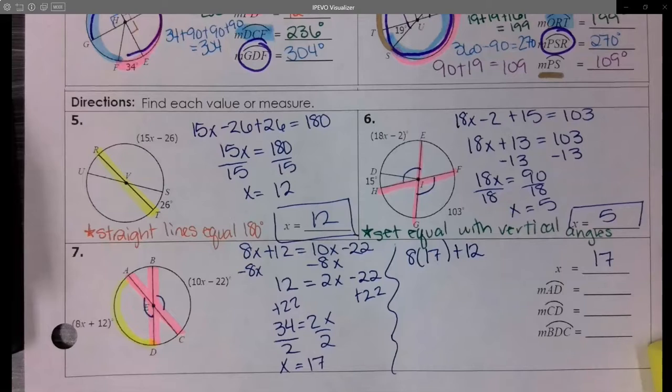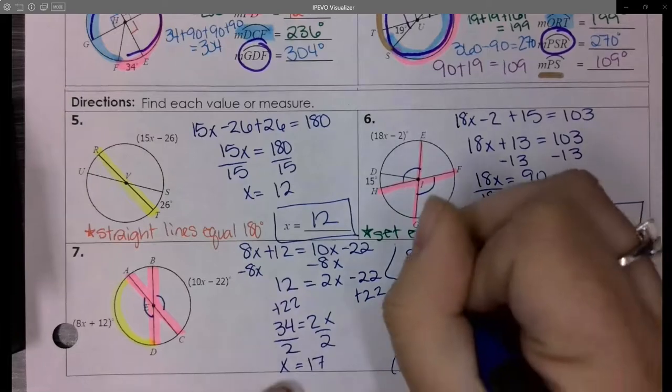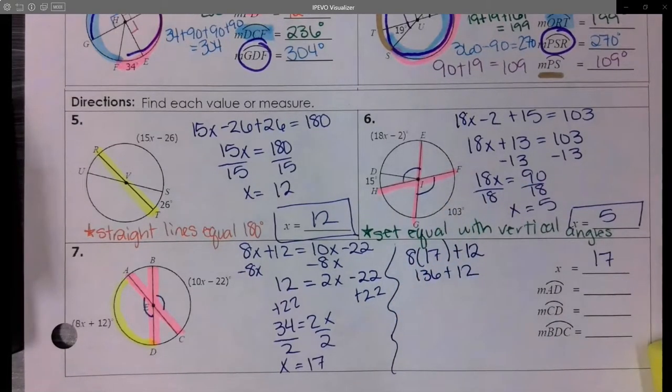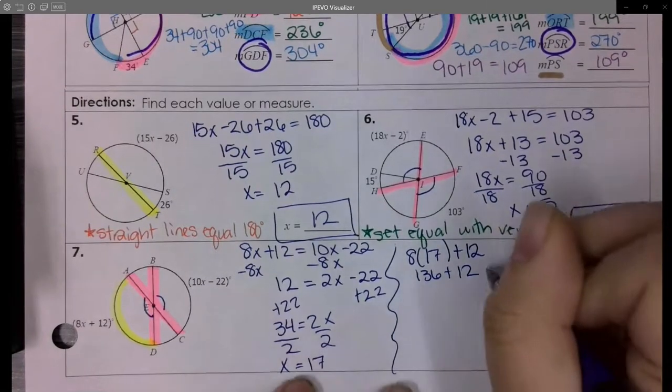What is 8 times 17? 136. And then I have 136 plus 12. 148.